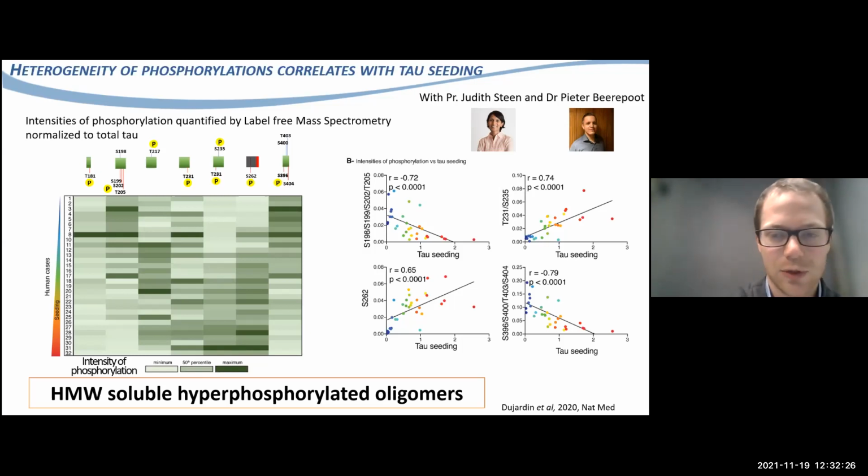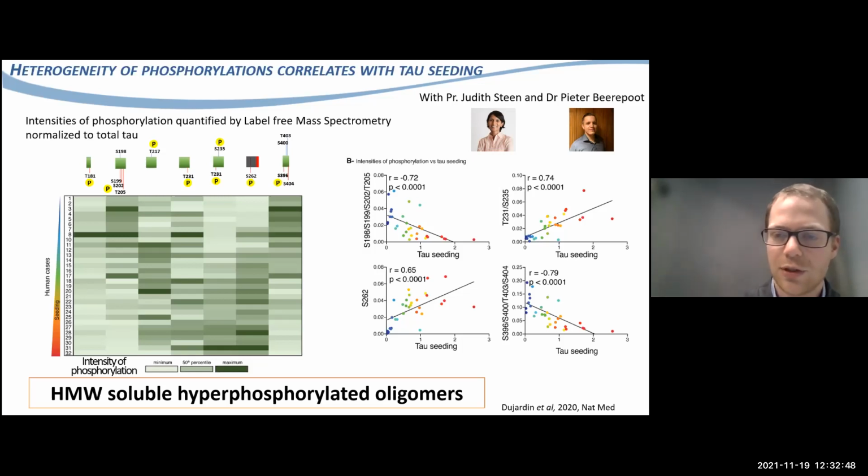Bottom line, and that was very interesting, we could see a signature of phosphorylation in these oligomers, and that signature was correlated with the amount of tau seeding.